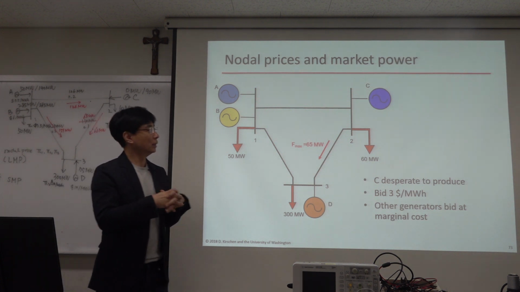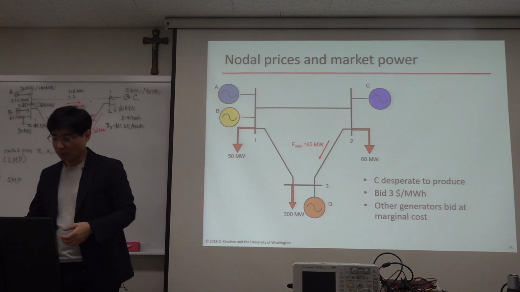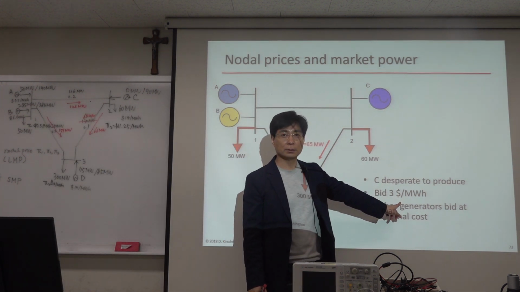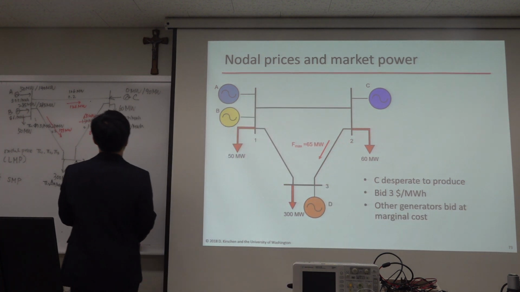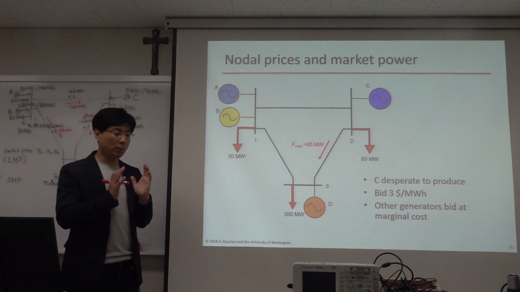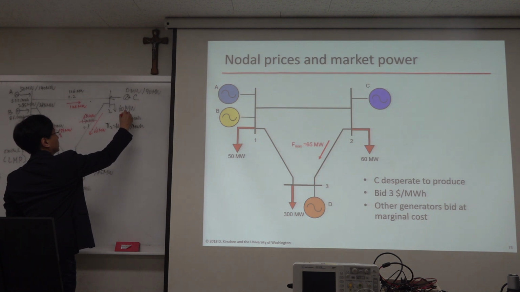So he is desperate to earn money and he decides to bid at a very low price. Bids like that. So even though the marginal cost is this one, from the system operator's perspective, their bidding is this much.